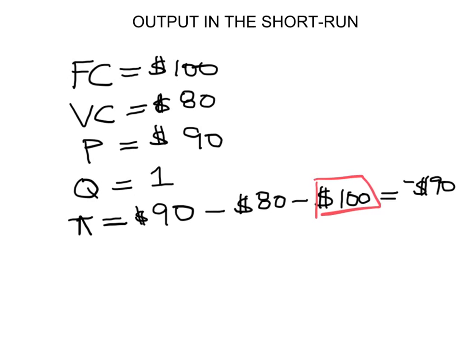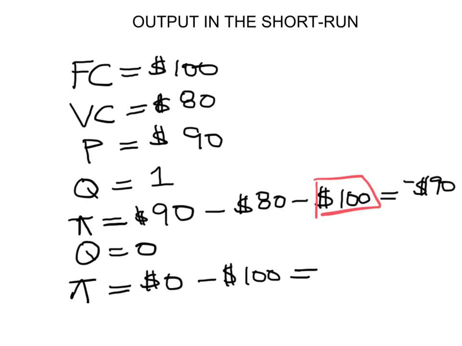In fact, if you produce zero, if your output is actually zero, then how much will be your profits? Well, in that case, you have no revenue because you cannot produce the 1 unit without at least having some variable costs. So this will be zero as your revenue. You will not have to pay the $80, but you still have to pay the $100 of fixed costs. So you will actually be in the hole for $100.